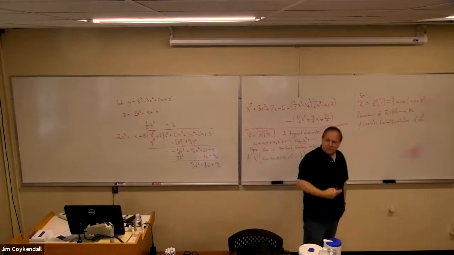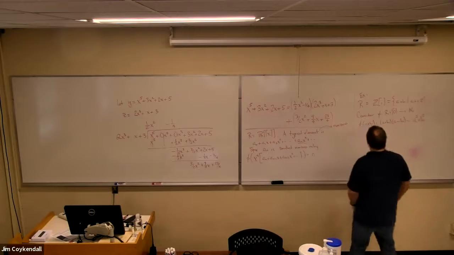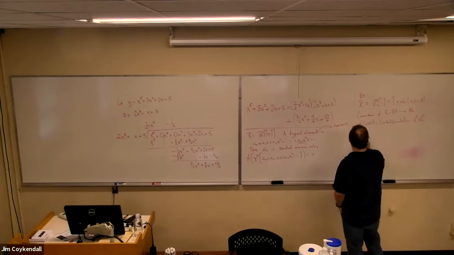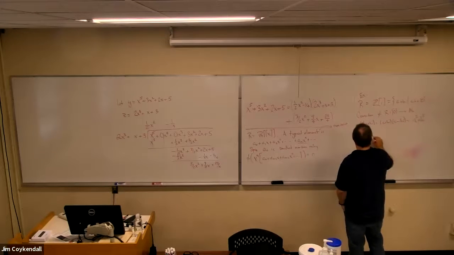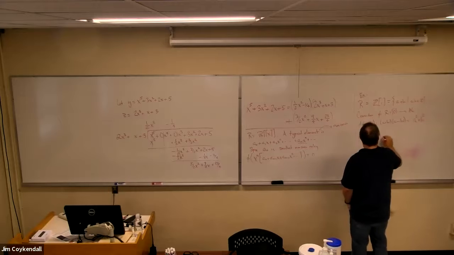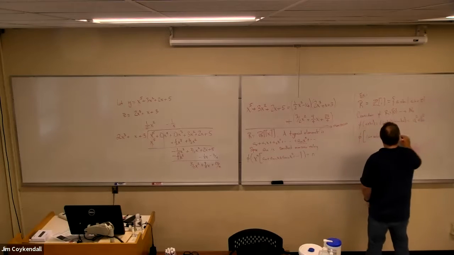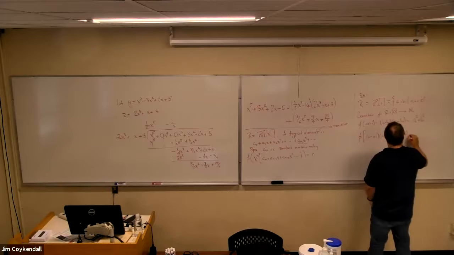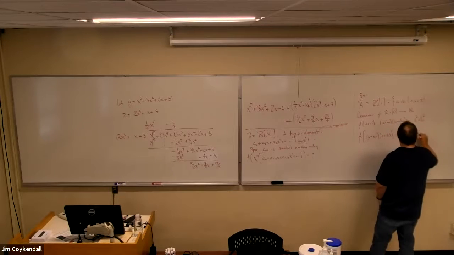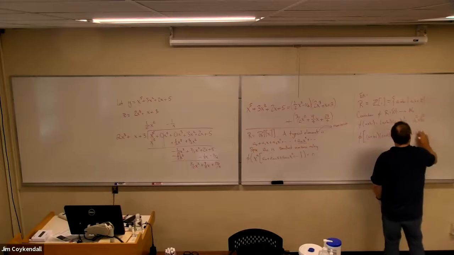Let me point out something about this norm here. And that is, notice that phi of (a plus bi) times (c plus di) is (a plus bi)(c plus di) times its conjugate.